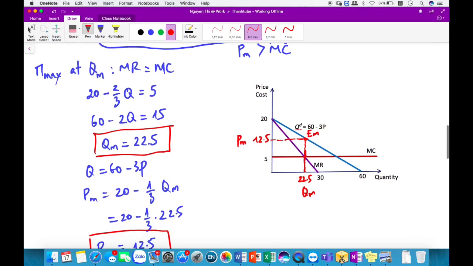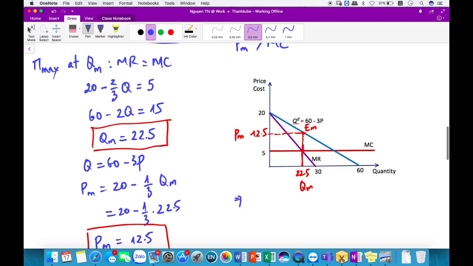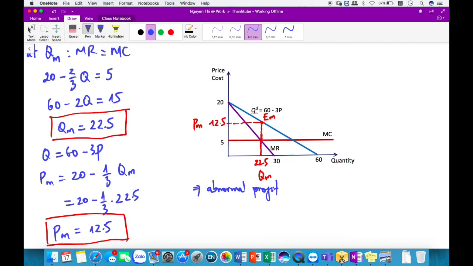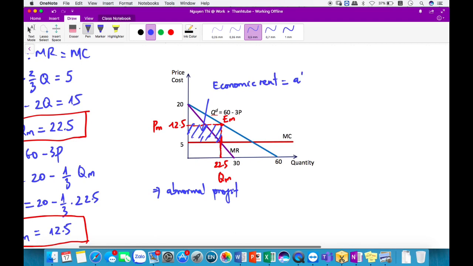From this you get the abnormal profit. Abnormal profit is equal to this rectangle. This we call economic rent, or abnormal profit, and it is equal to PM minus marginal cost times QM.